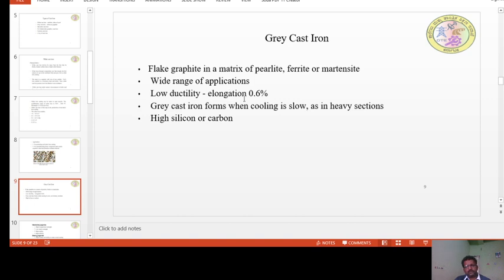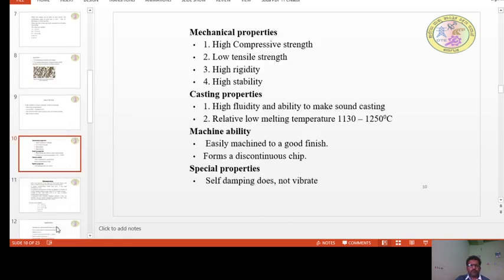Low ductility, it is not even 1%, it is 0.6% of ductility or percentage of elongation we can take. Gray cast iron forms when cooling is slow, as in heavy sections, and with a high content of silicon and carbon, the gray cast iron is formed.